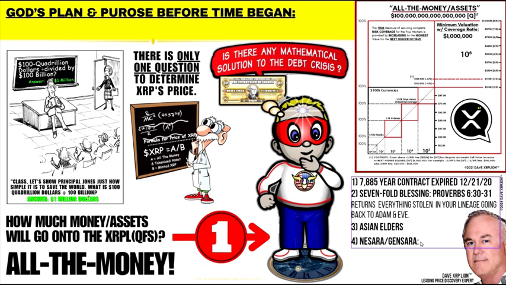But what can we talk about? We can talk about how God paid for all this before the beginning of time. We can talk about how, now I've told you more than once, that there's no shortage of gold.